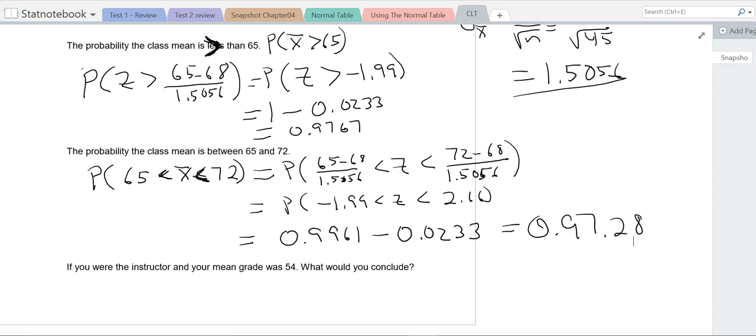And so it is highly unlikely that your grade should be, on average, below 65. So it warrants investigation. That's all I'm trying to point out, is that that's what this is actually utilized for. A lot of times it is to get a feel for if something's changed or if something is different, right?